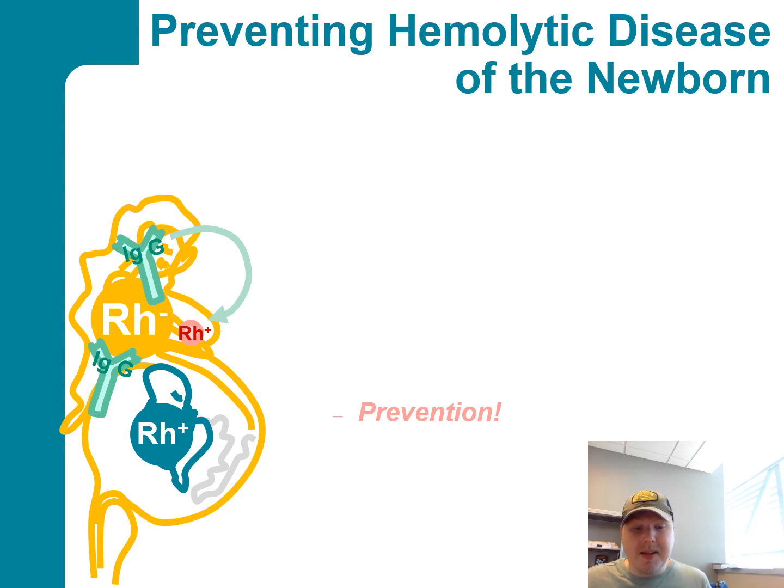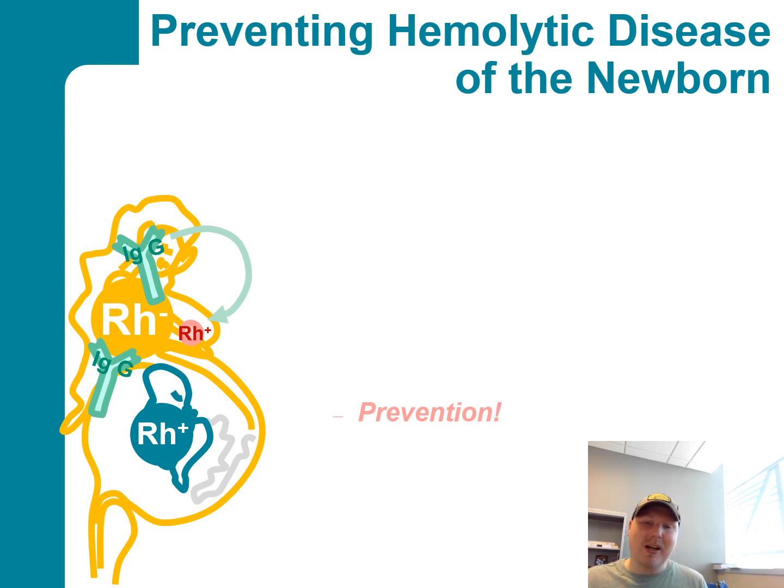If done, this would mean that any of the fetal red blood cells that are, in this case, of course, Rhesus positive, that have gotten into the mother, will be quickly agglutinated and hemolyzed by these antibodies that we have given. But this is a passive form of immunization. Within a few months, all of these antibodies will have left the mother's body. And the key thing is that she will not have produced any of her own.